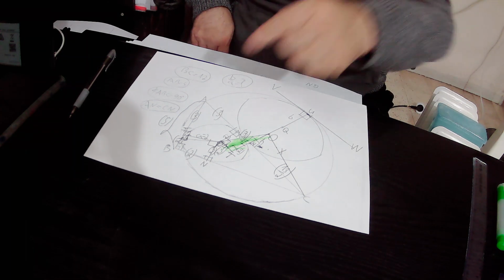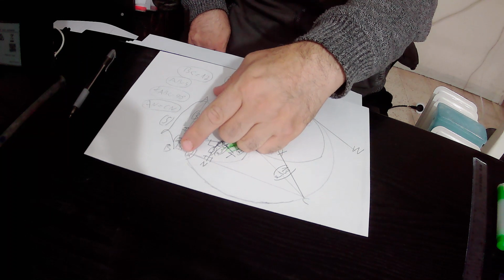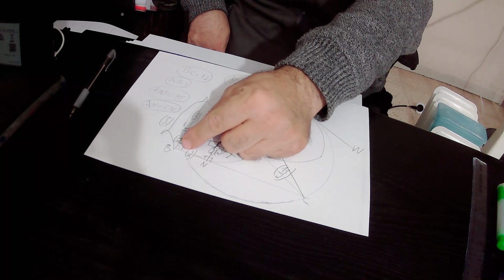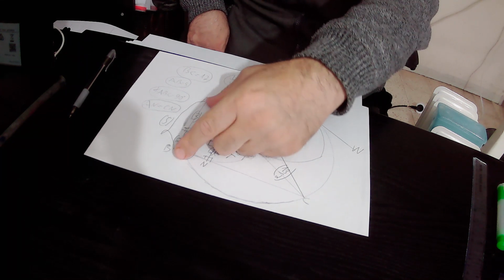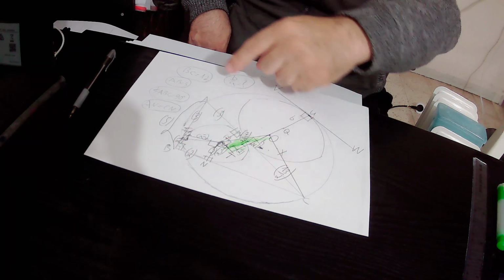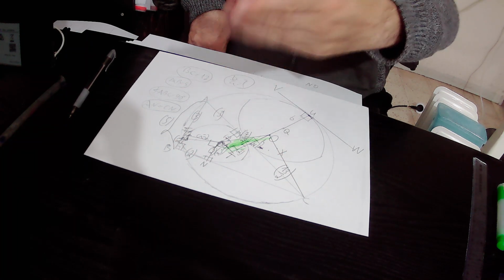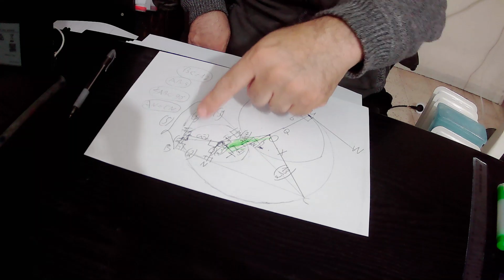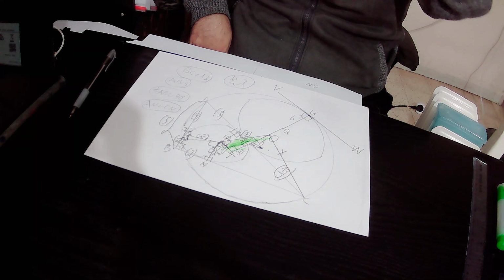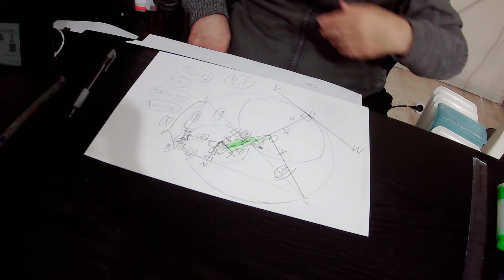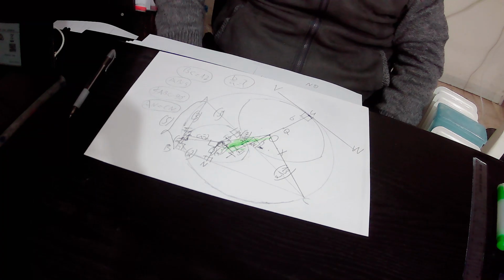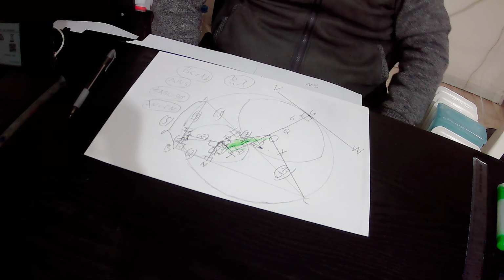So we know that TB is 2 and AB is 5. AB minus TB is AT. Again, AB minus TB is AT. AB is 5, TB is 2, 5 minus 2 is 3, so AT is 3. Then we have rule number 2, that the lengths of two tangents from a common point to a circle are equal.